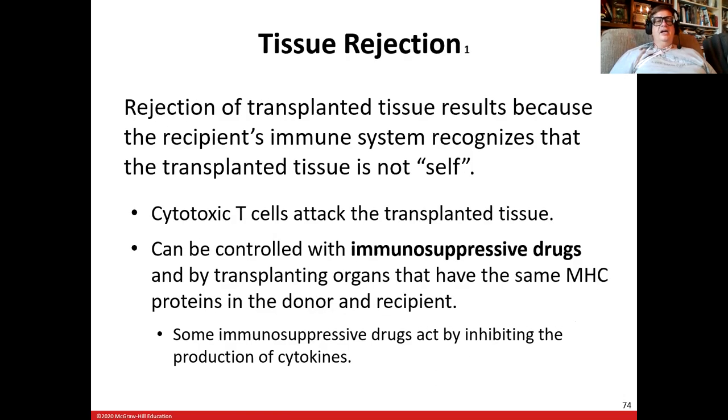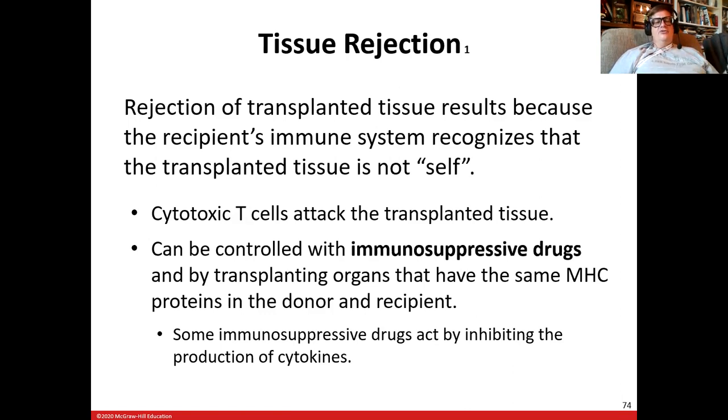All right. Tissue rejection. If you get a liver transplant, get a heart transplant, they give you the new organ and it's not yours. And the body will recognize that it's not yours. And the cytotoxic T cells will attack it and destroy it. And that's a problem because you just got this new organ.